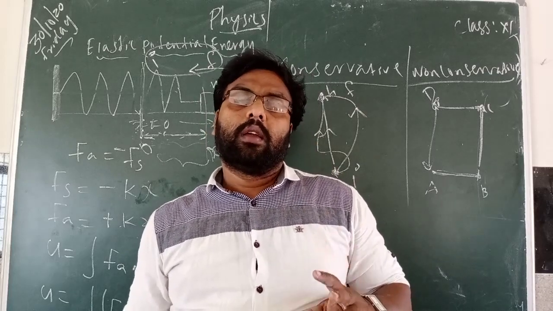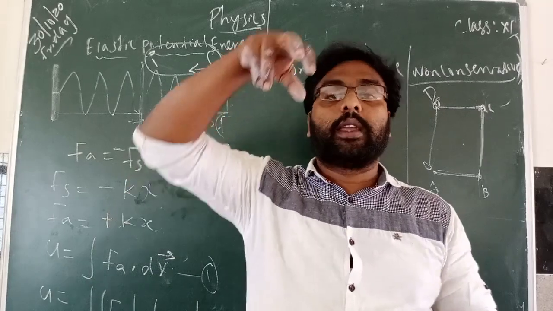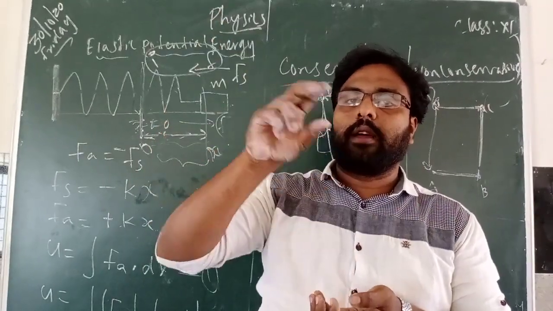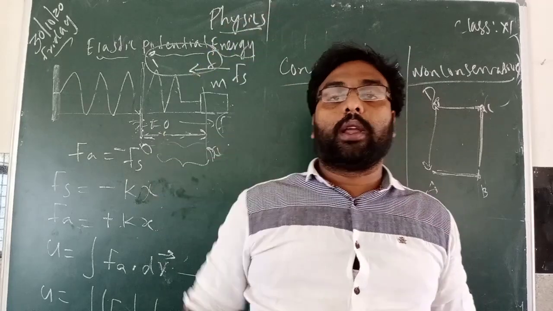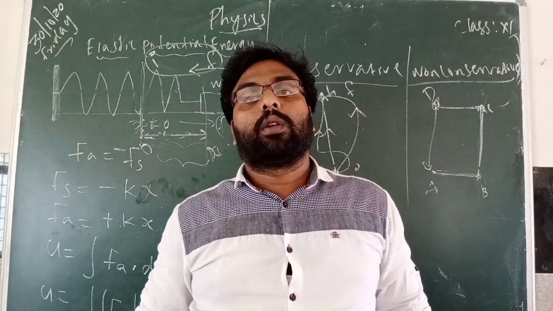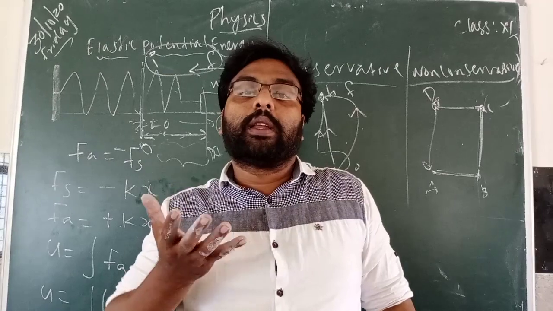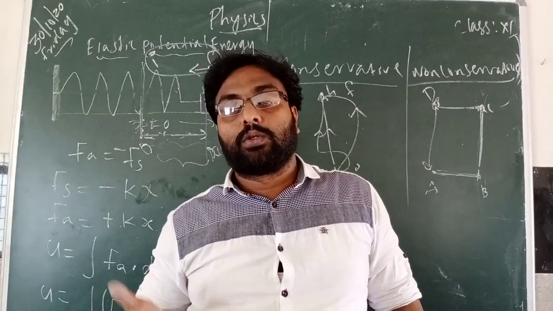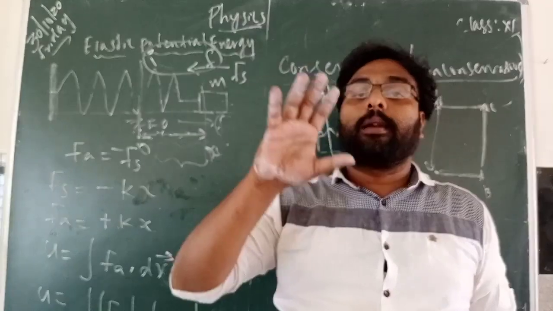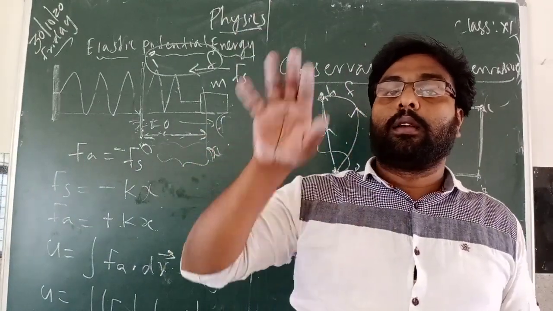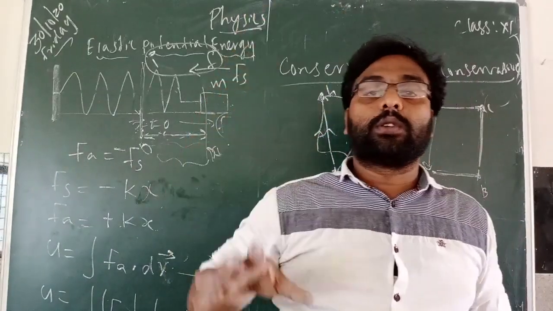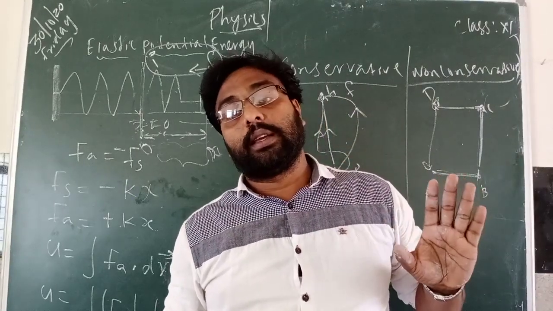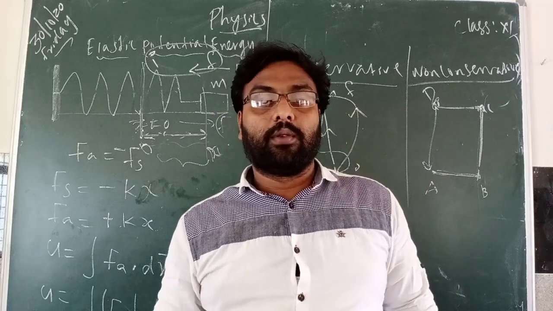The same thing, you are dropping a stone inside oil. Now you know there also some resistance will be there. That is what we call viscous force. So due to all this, the work done between the initial position and the final position will be different. That is what we are saying, non-conservative force.